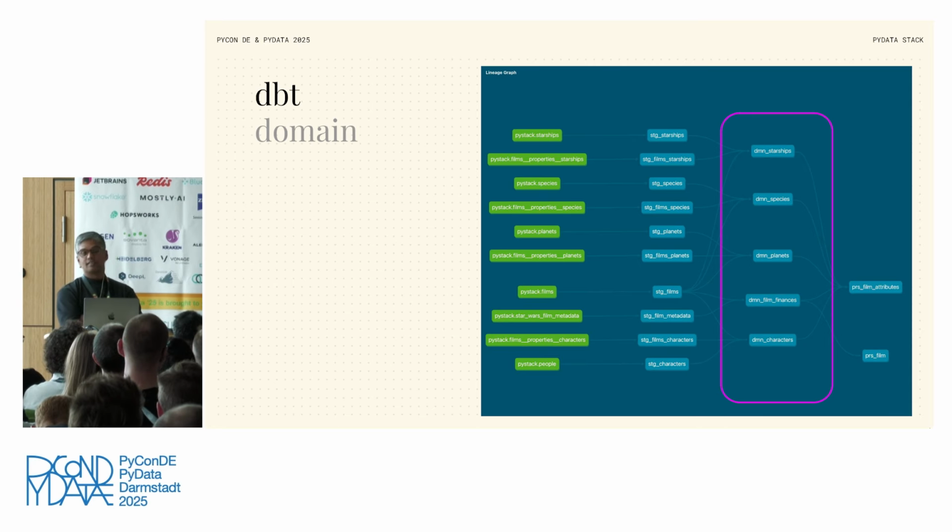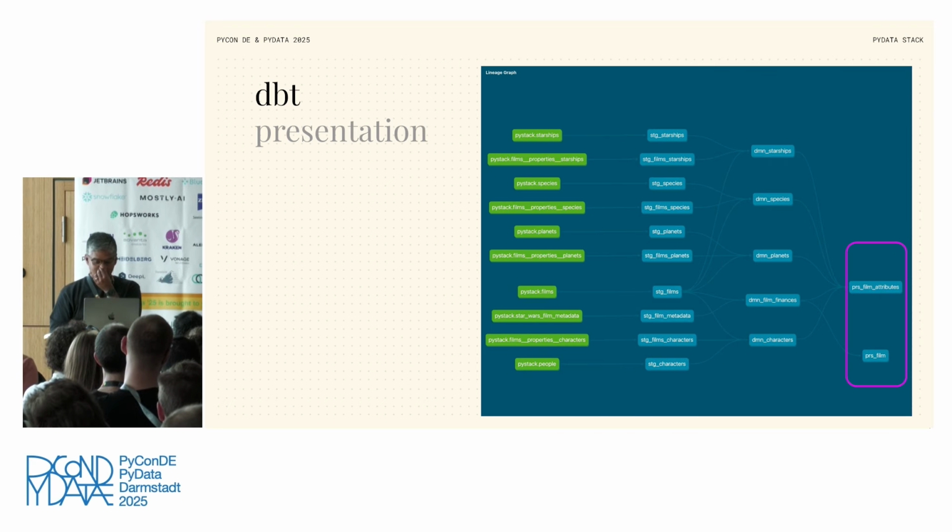So entities that I'm very passionate about: starships, species, planets, finances, because we want to know if there are going to be more Star Wars films, and characters, of course. And all of that flows into a final presentation layer, which are two tables. One that gives us information about the attributes of the film, and the other gives us information about the films themselves.